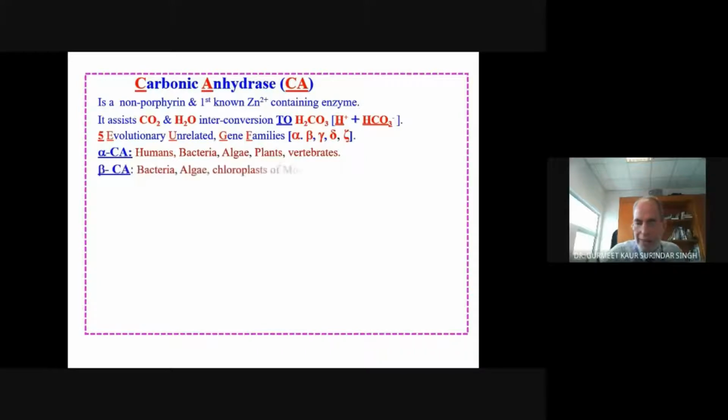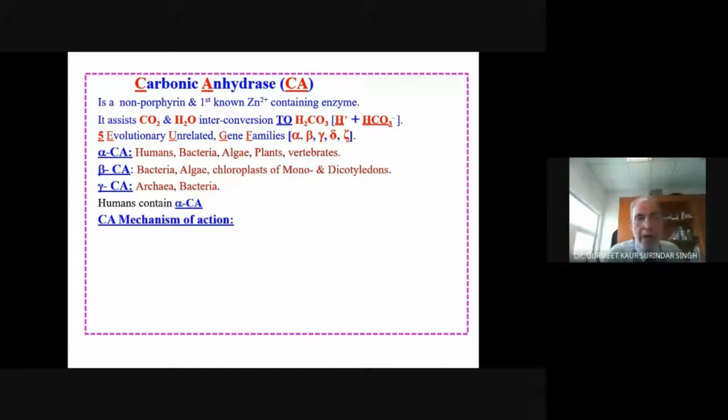Beta and gamma carbonic anhydrase are the main isomers which interest researchers in the field of medicinal chemistry, according to my knowledge. Alpha carbonic anhydrase, which is found in humans, has about 15 isoforms till now. They discovered 15 isoforms of this enzyme, and it does a very simple reaction, as I said, the hydration of carbon dioxide. How is this done?